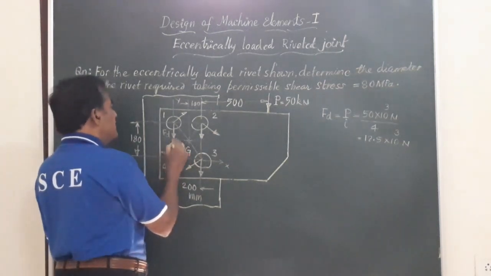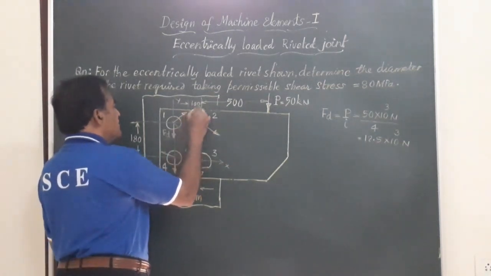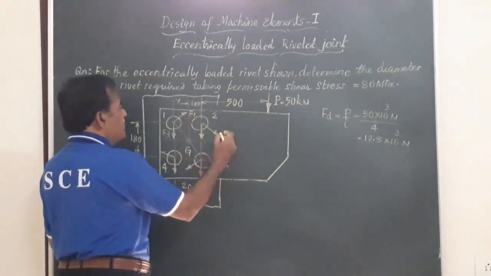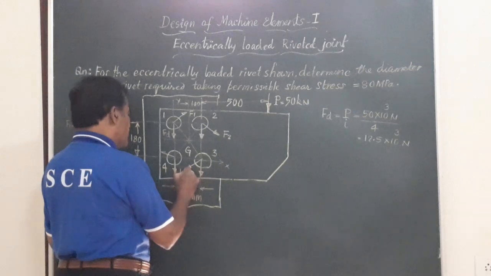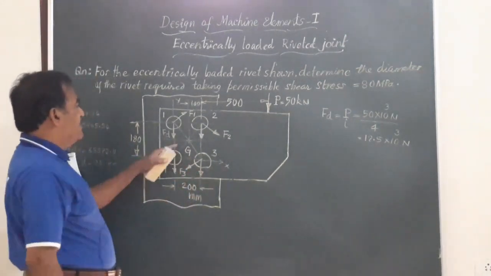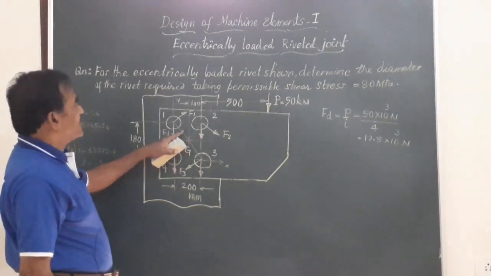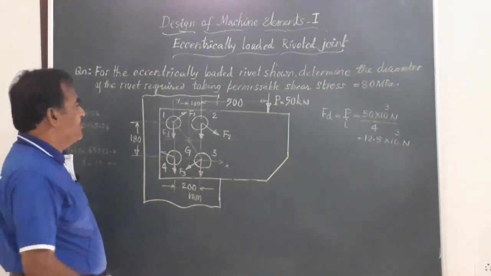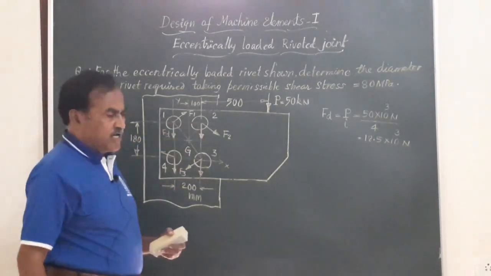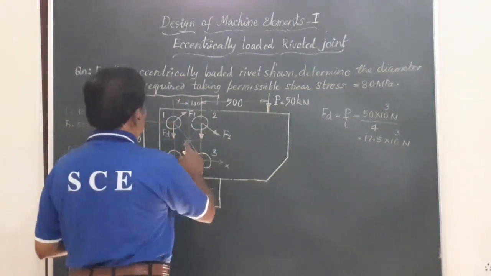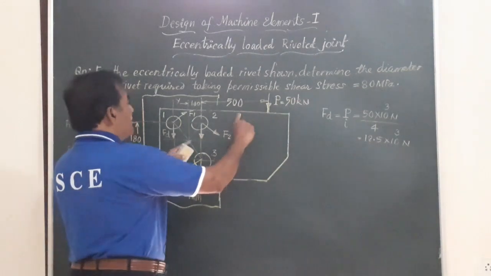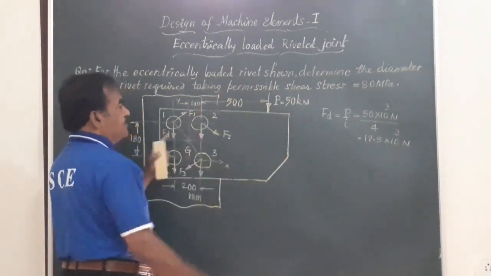So we have the values of these secondary loads F1, F2, F3 and F4, each acting normal to the line connecting the center of gravity of the system and the center of the rivet, so as to produce a clockwise moment about the center of gravity similar to that produced by P about CG.